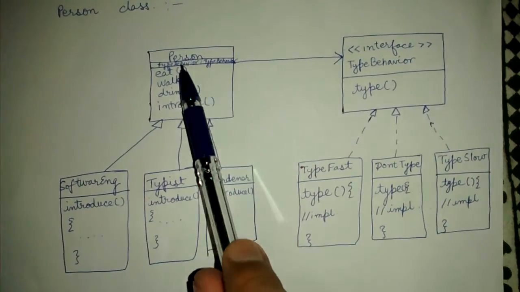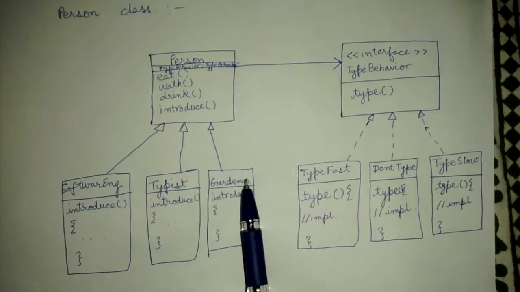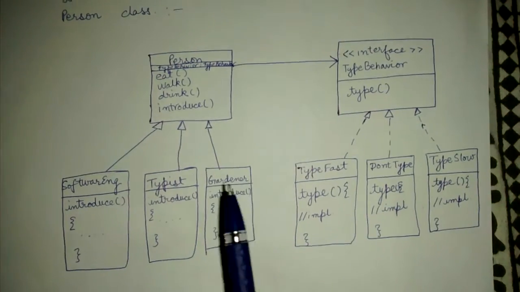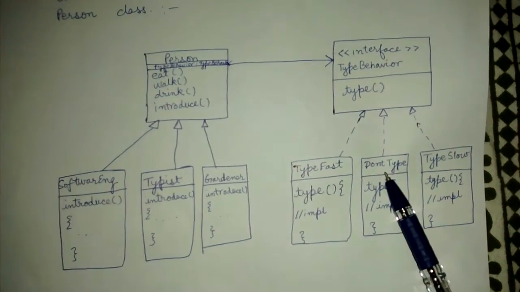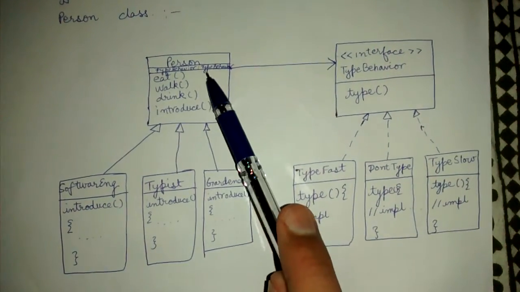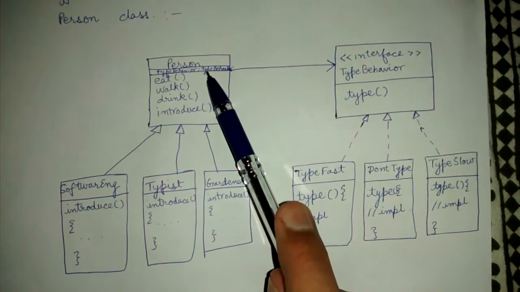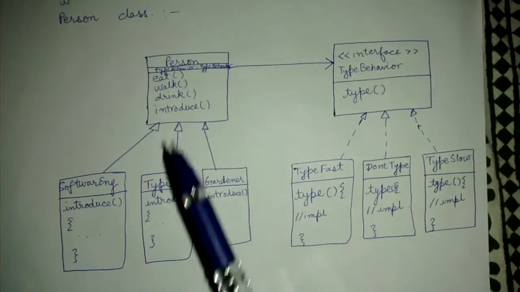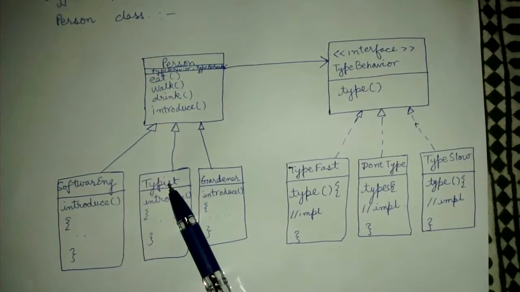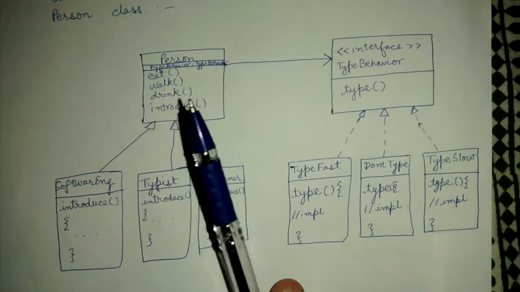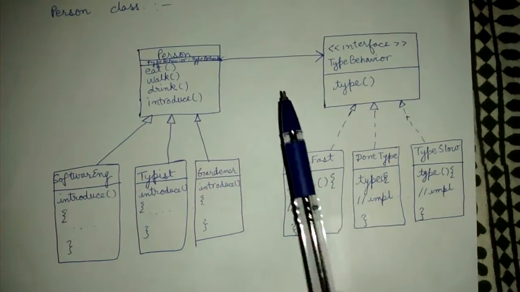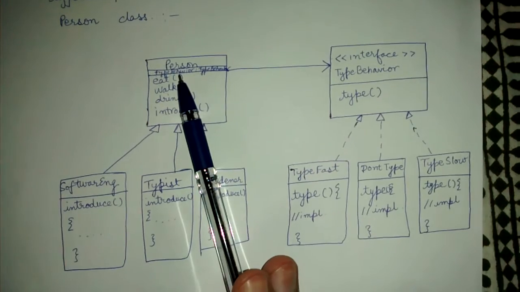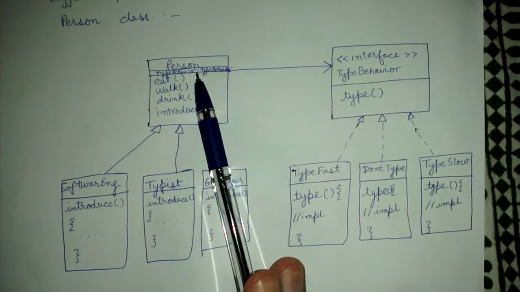So the gardener objects will assign a don't type object to this type behavior reference, while a typist object will assign a type fast to its type behavior reference.